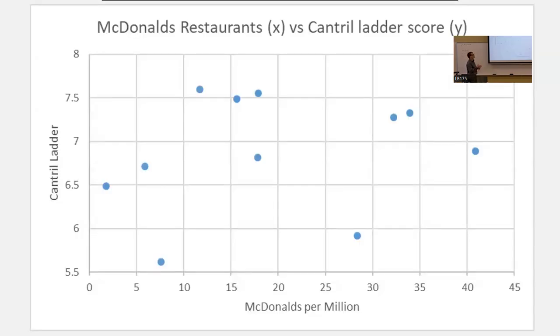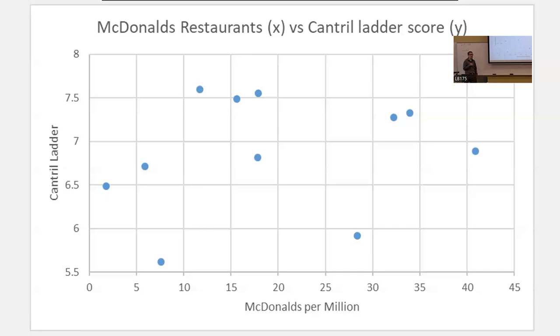So this was our scatter plot for McDonald's restaurants and the Cantrell ladder score. And obviously we got a bad fit scenario with this.